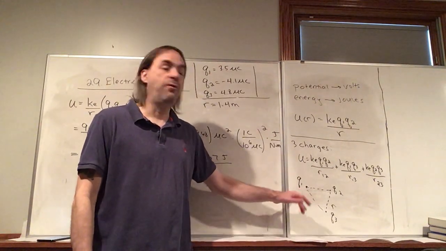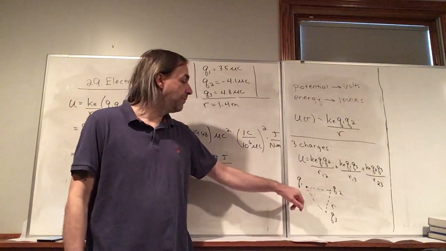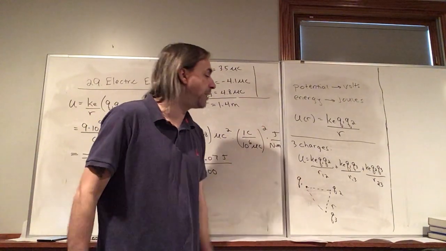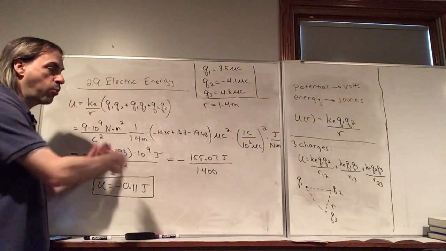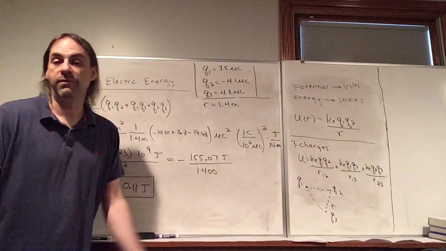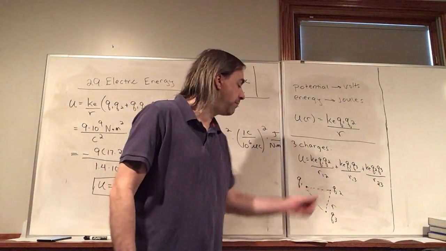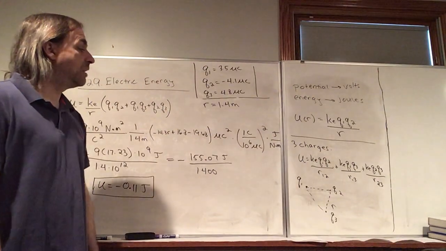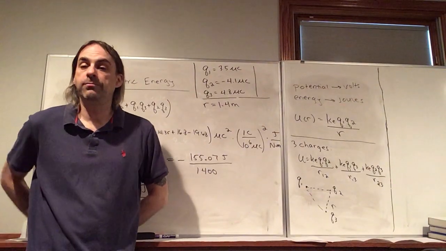And then if we added Q5, that'd be an additional 4 terms. The number builds up pretty quickly, and so it's a lot of writing and a lot of calculations. But the idea is the same. If you have 3 charges, we have these 3 pairs of interaction. Okay, so that's the energy of a charge distribution.